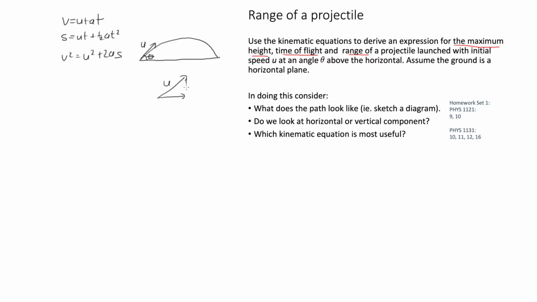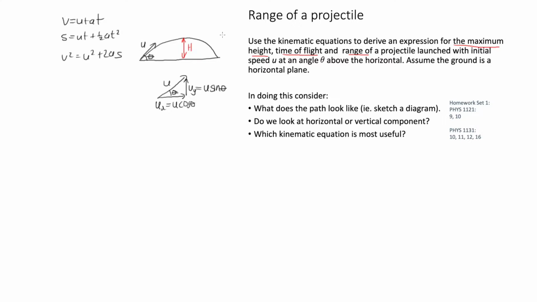So we can split it up like this. This is theta in here. Here's the horizontal component. So that's ux, and that's equal to u cos theta. And then here's uy, the vertical component, and that's equal to u sine theta. So we're looking to calculate the maximum height. So on our diagram, the maximum height is here.